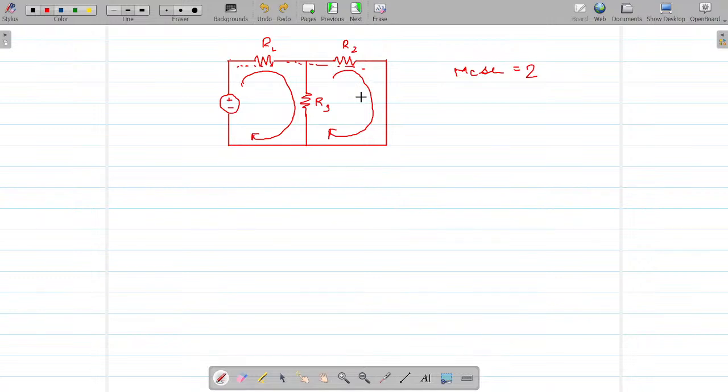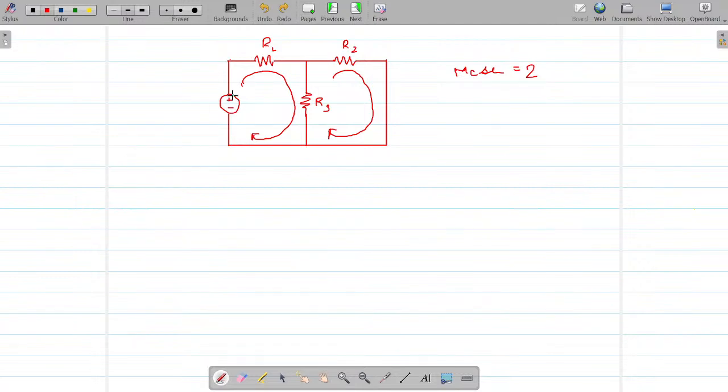Let me clean the board for you, and then I'll tell you how sign convention is taken. If you have been making silly mistakes in sign convention, please be very alert, and from here on you will understand the different sign conventions in a network.